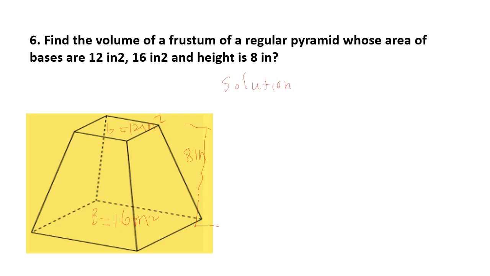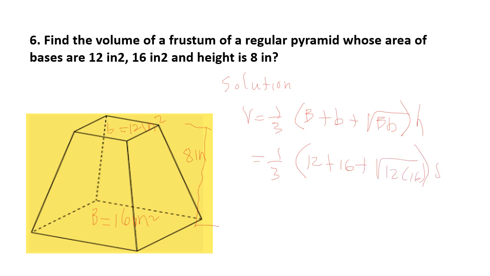So volume equals 1/3 times B plus B plus square root of BB times height. So 1/3 times 12 plus 16 plus square root of 12 times 16 times, of course, 8, equivalent to 111.62 inches cubed.